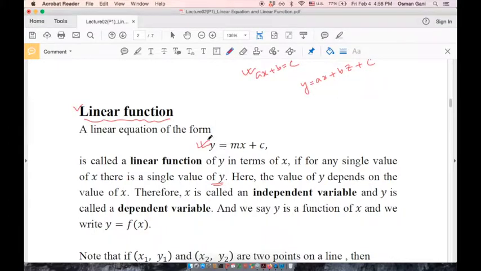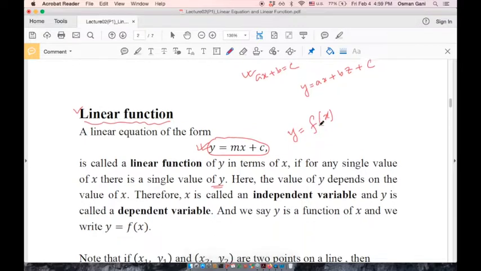In other words, if two real variables x and y are so related that for a single value of x there is a single value of y, then we say y is a function of x, and we write y equal f of x. It means y is a function of x.